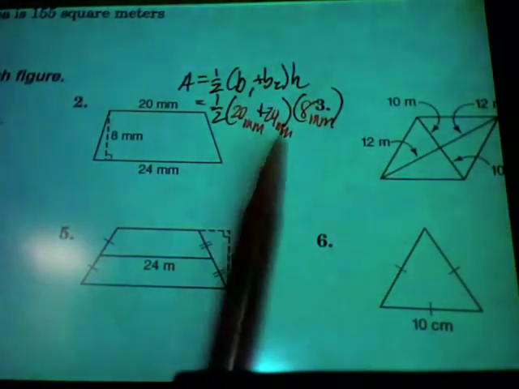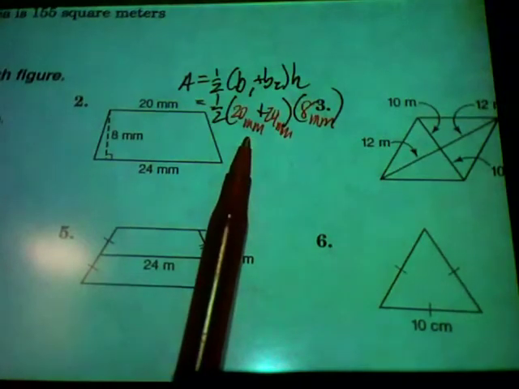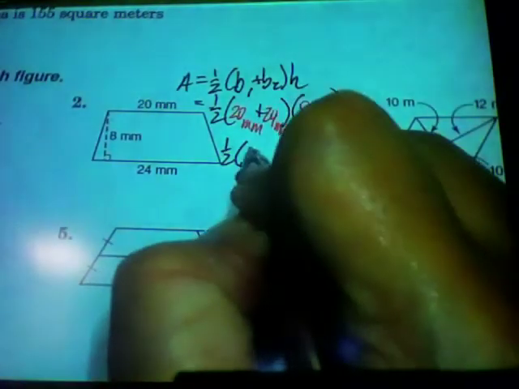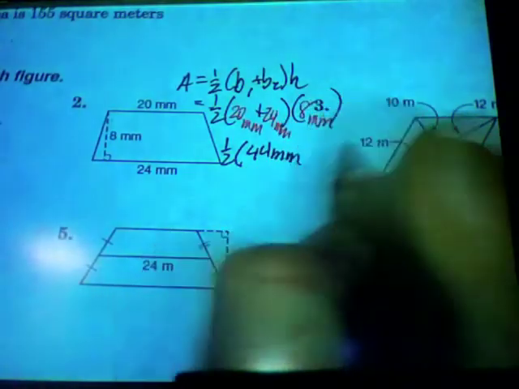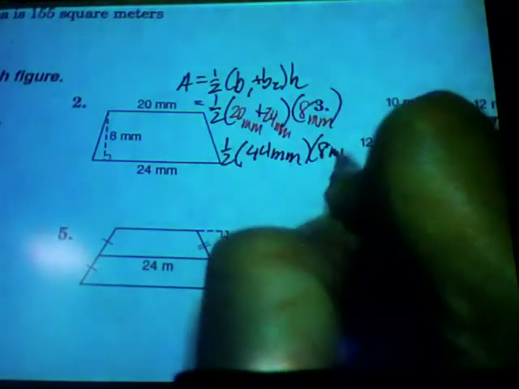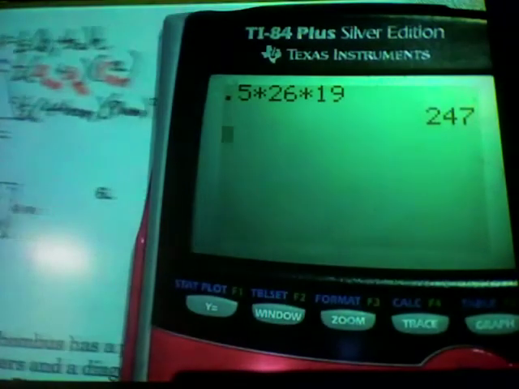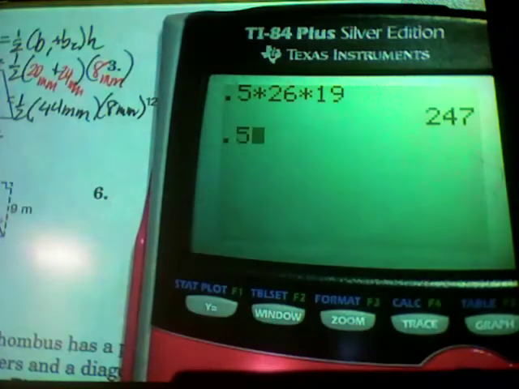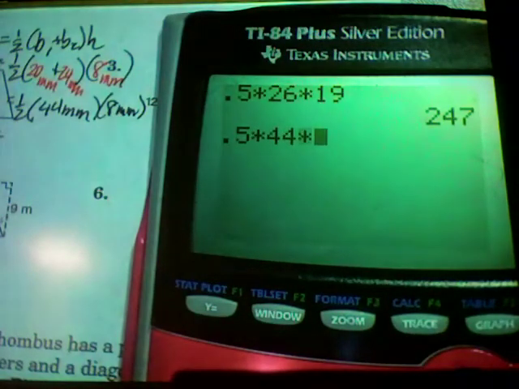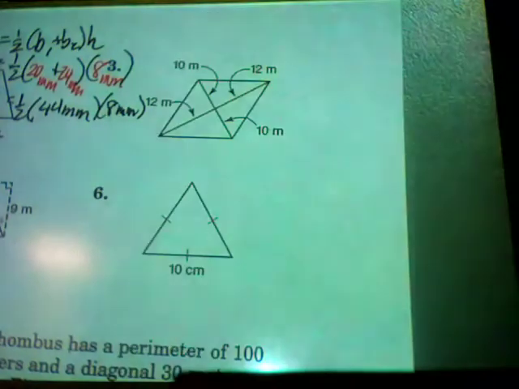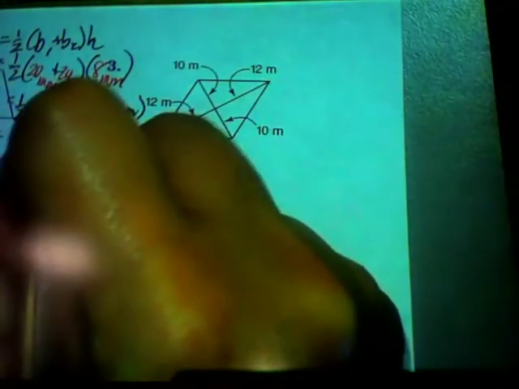When you add millimeters together, they just become plain millimeters. So I end up having 1/2 times 44 millimeters times 8 millimeters equals. And then you can put the rest in your calculator if you want. So 0.5 times 44 times 8. 176 millimeters squared.